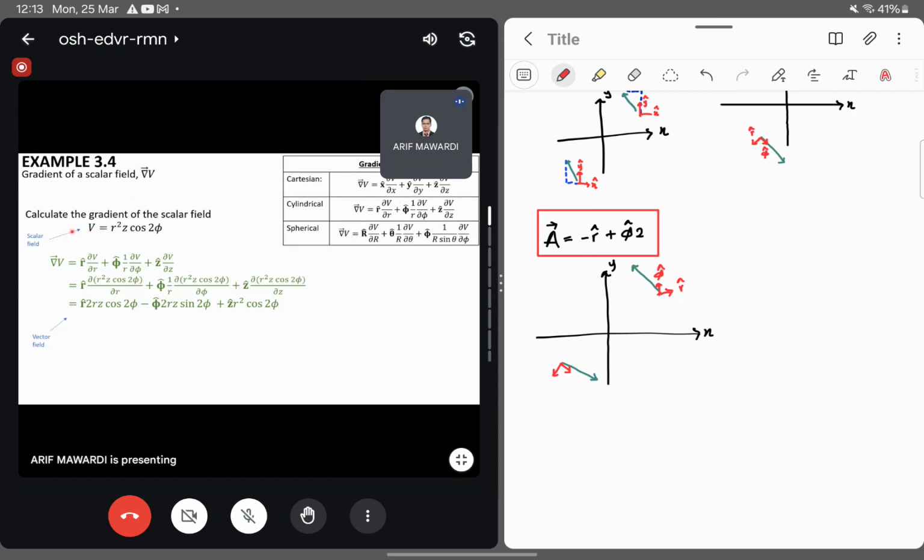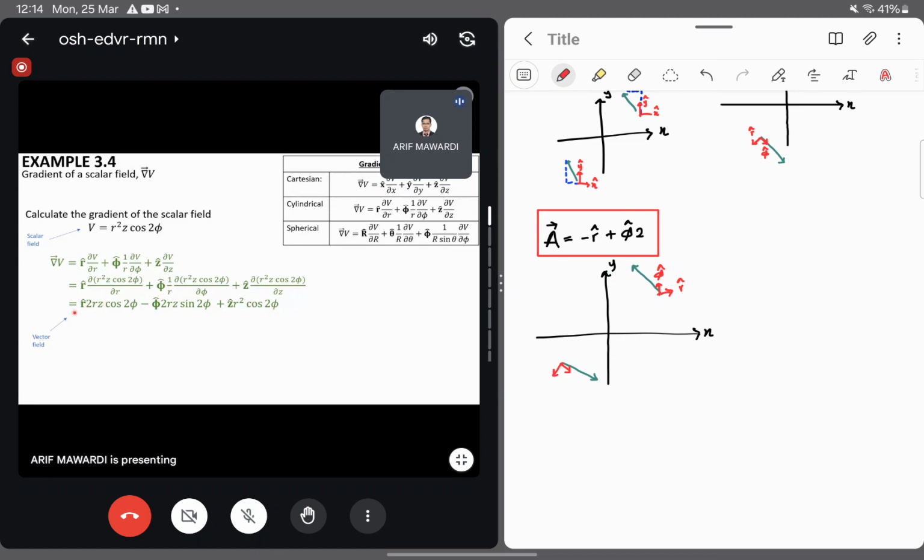For now, you notice that first you have a scalar field. You know that this is a scalar field because it doesn't have a unit vector. Then when you calculate the gradient of the scalar field, you should get a vector field. How do you know this is a vector field?